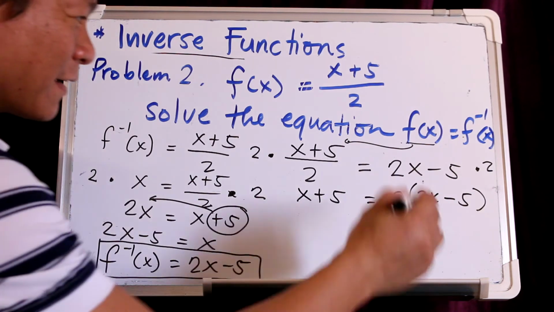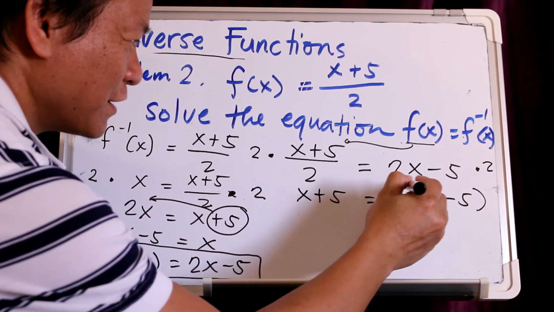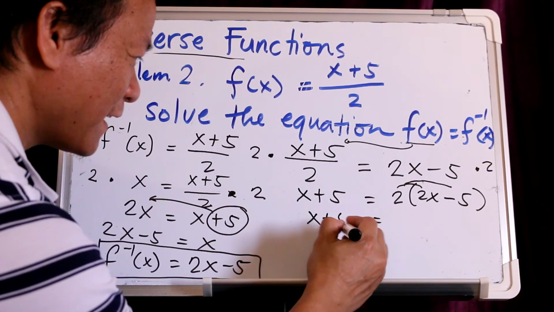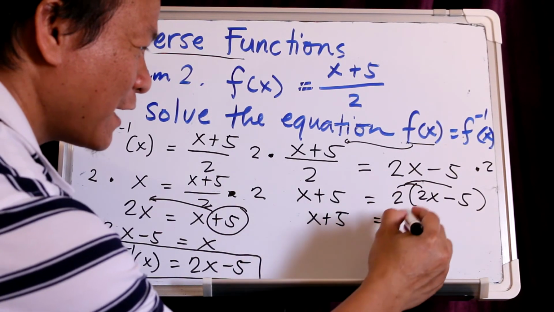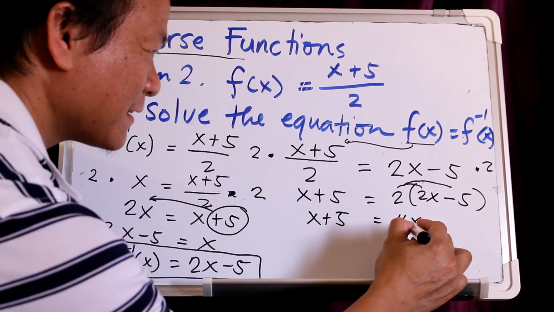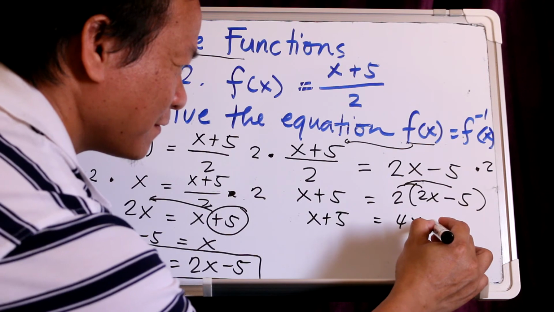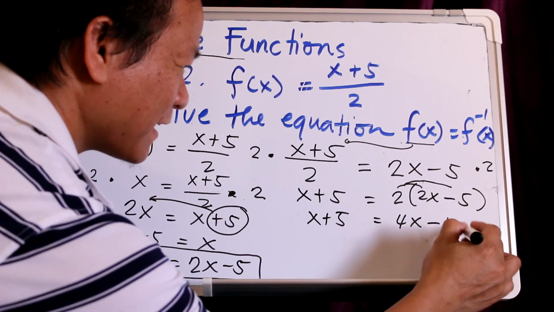Then you distribute the 2 here. You are going to have x plus 5, then you will have 4x minus 10.